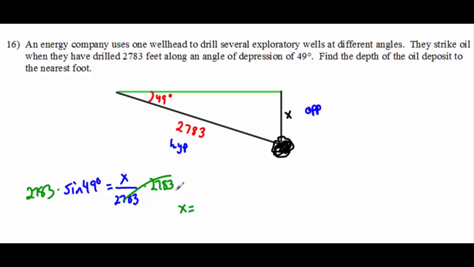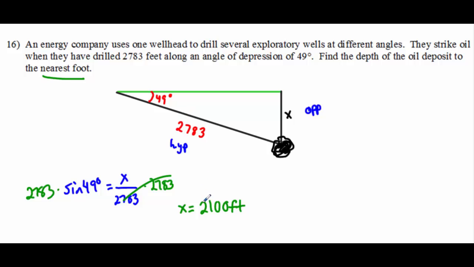And I type that into my calculator. And I get 2100.36, but it says to round to the nearest foot, so I'm actually going to round this to just 2100 feet. And that kind of makes sense.